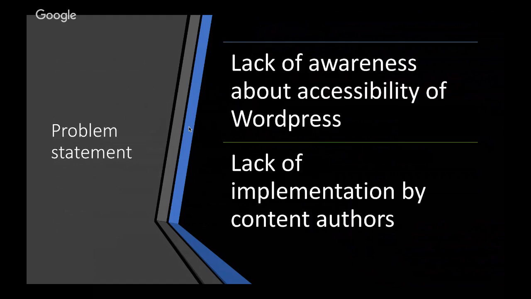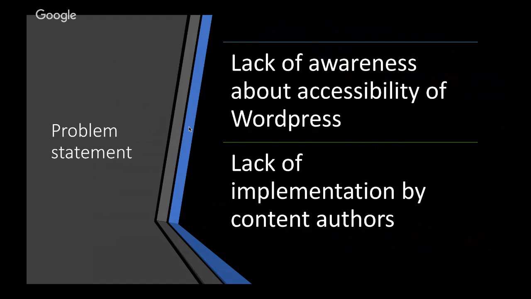Okay, what's the problem statement? It's not about commitment from the platform vendor, that is WordPress, to accessibility. The problem is that a lot of the people who use WordPress do not know about accessibility. There's a lack of awareness, and they don't even know the accessibility features exist within WordPress itself.